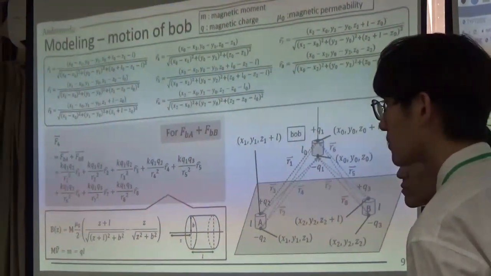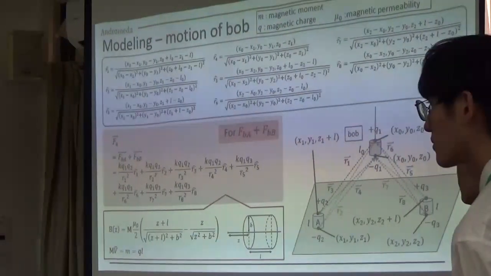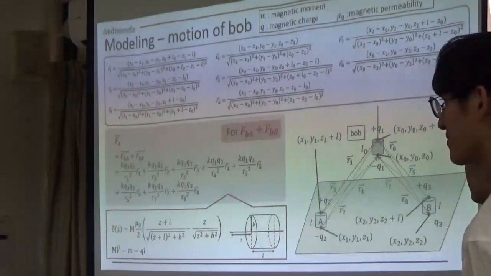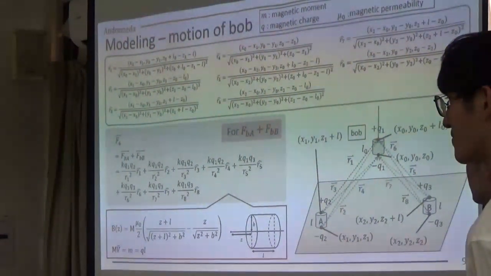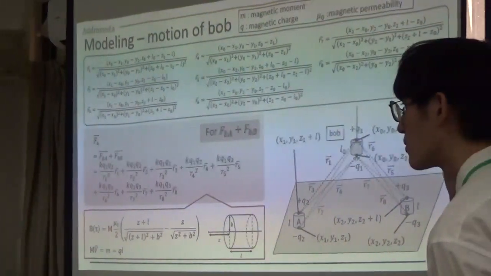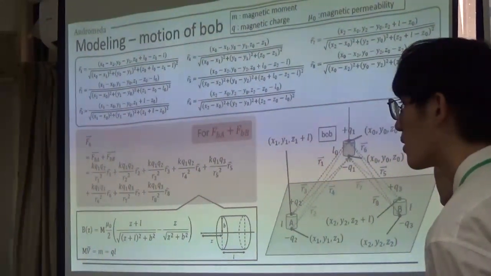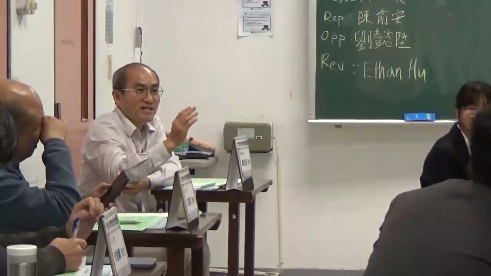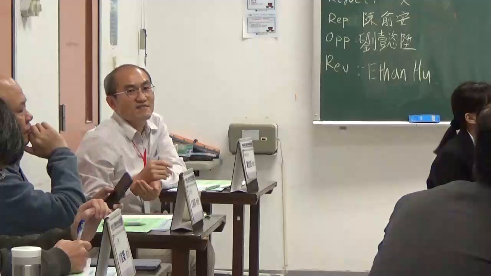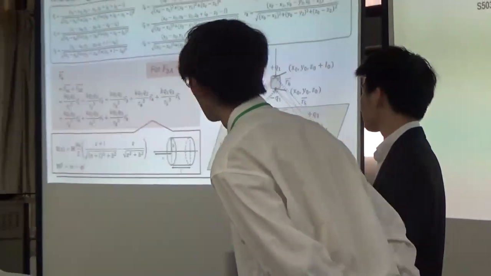Question for the reporter. They measure the magnetic moment and define magnetic charge. Does this make sense to you, starting from the opponent? Can you repeat the question again? He defined the very bottom one, right?